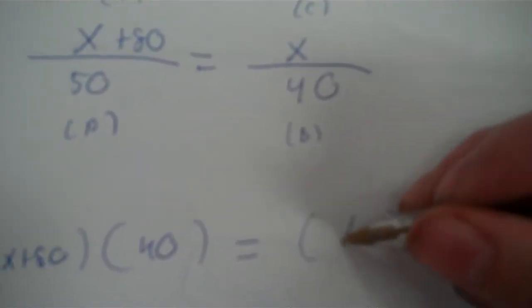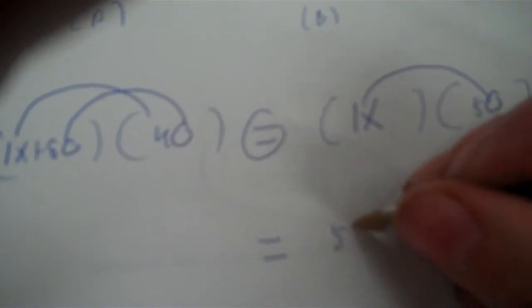So A is X plus 80, and B is 40. I know that's equal to X times 50. Okay, let's get ones in there. So equals, drop it. You don't have any minuses and your variables are covered. You can't add 1x and 80, so you multiply them each by 40. And same over here. So 40 times 1x is 40x, and 40 times 80 is 3,200.